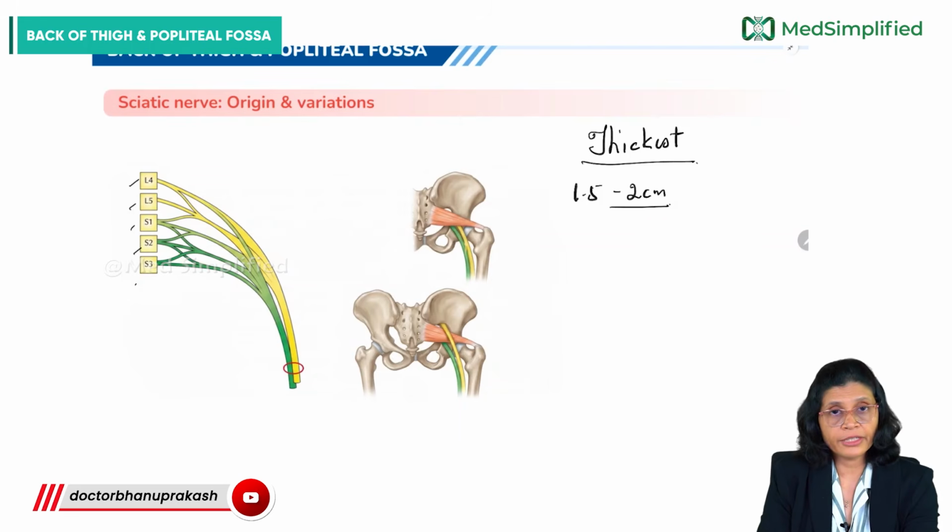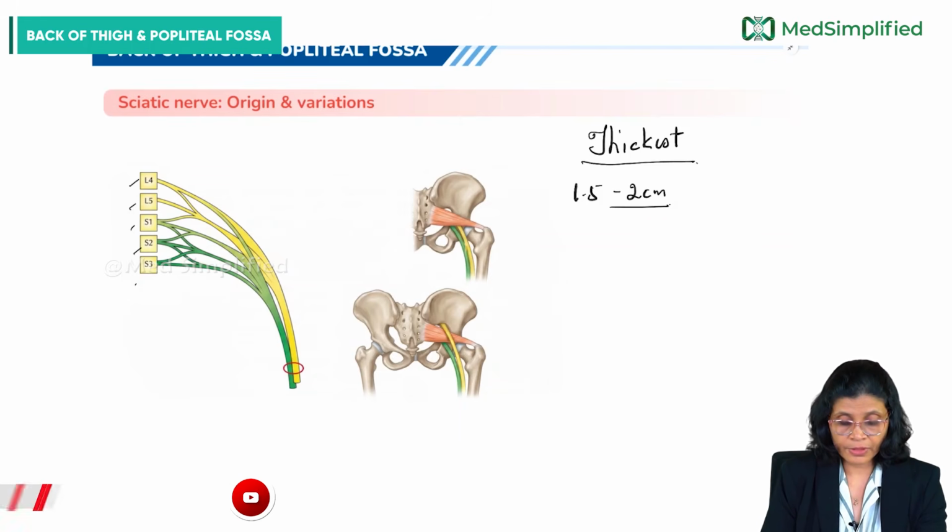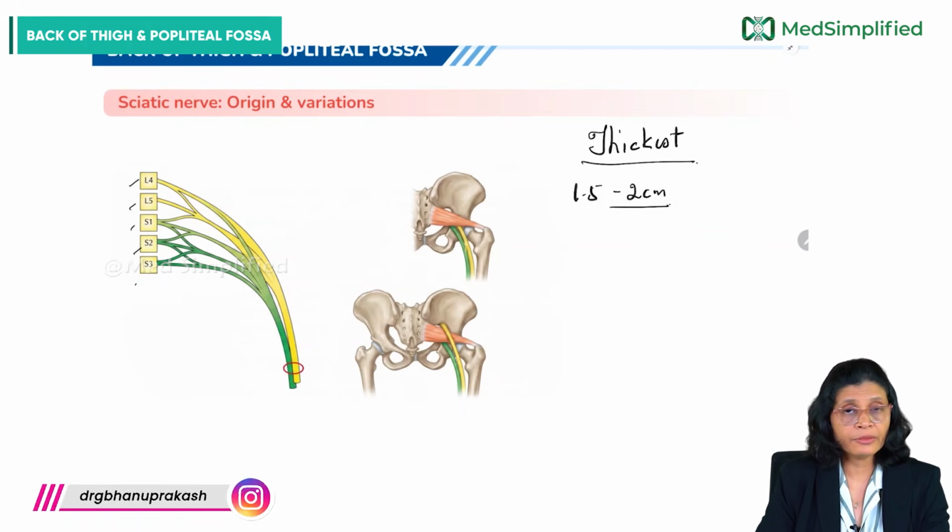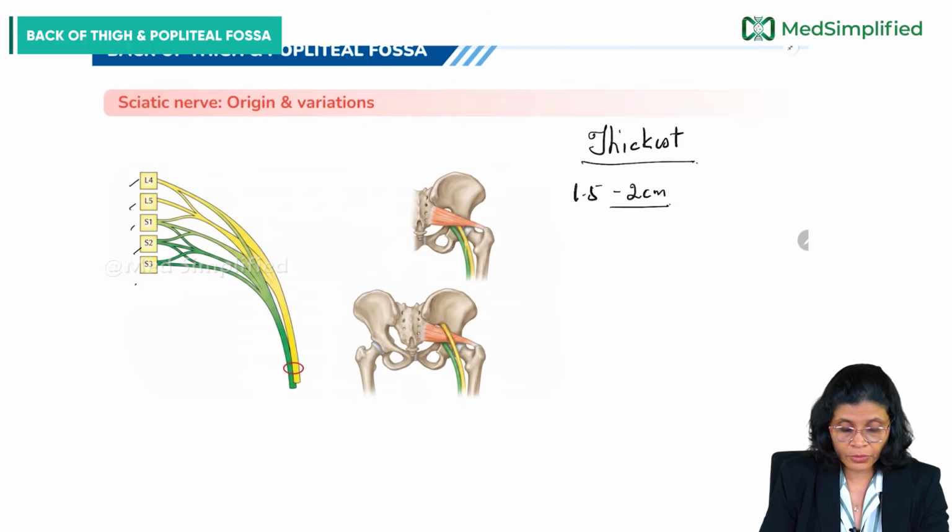So in the gluteal region, it arises below the piriformis. Sometimes what happens, we can also see some variation. So usually it is below the piriformis muscle, which is the key muscle in the gluteal region, it emerges.